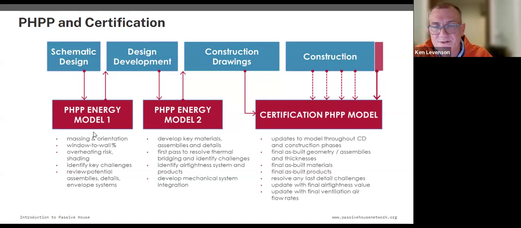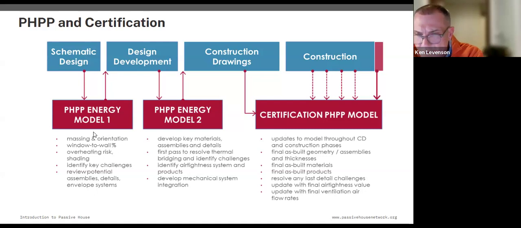If I change the percentage of glazing on this wall, or change the specification of the windows, or whatever the form, shape and specifications may be in play, to make sure that you've got a handle on it. So you want to go back and forth a fair amount, but have a fully complete energy model coming out of construction documents, certainly, and going into construction.